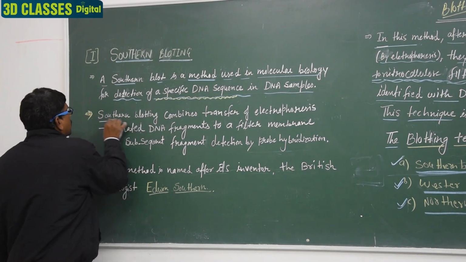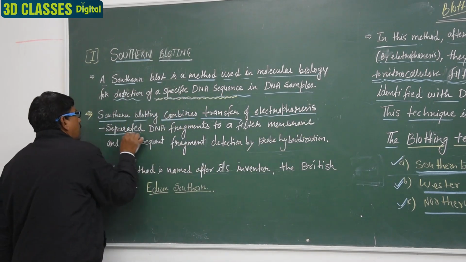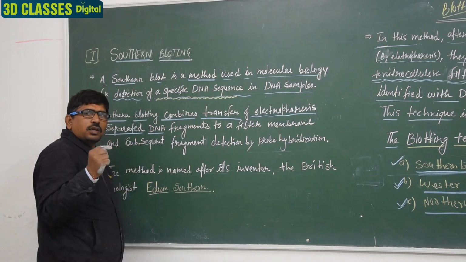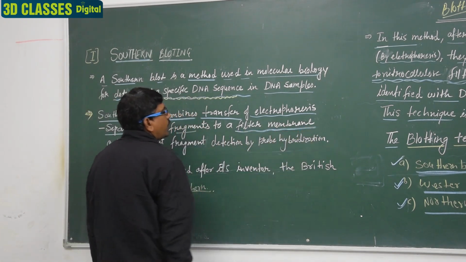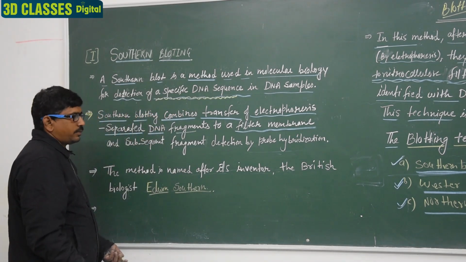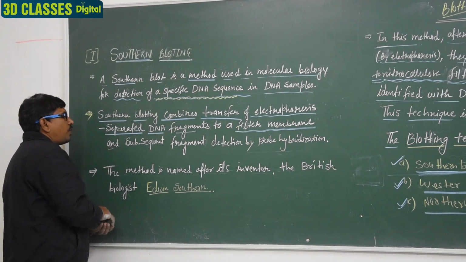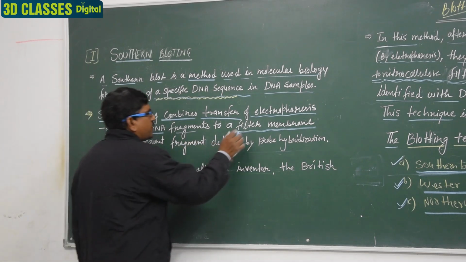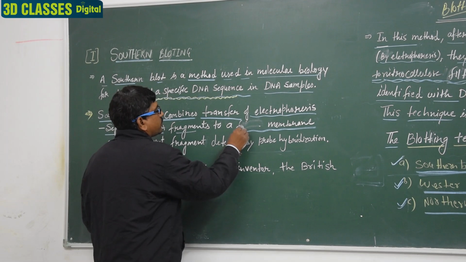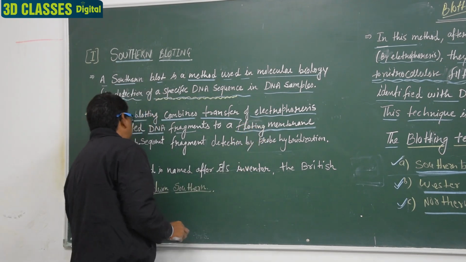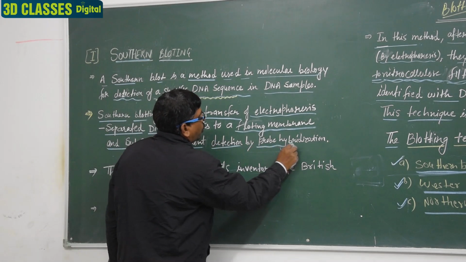Next is the definition. Southern blotting combines transfer of electrophoresis-separated DNA fragments to a filter membrane, or we can say nitrocellulose filter paper or nylon membrane, and subsequent fragment detection by probe hybridization.